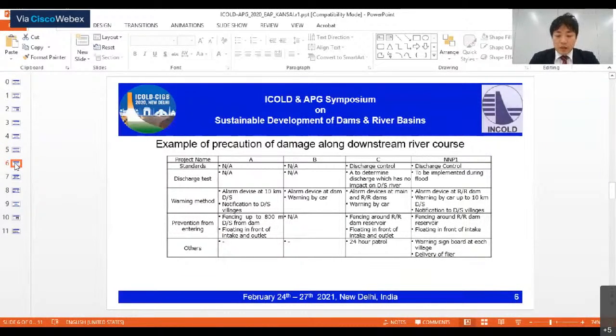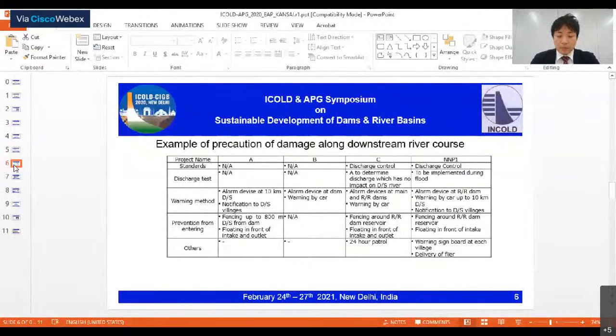Regarding the example of the application of damage along the downstream river course, the way of precaution is different for each project. For example, discharge tests and prevention of entering are not conducted in some projects.